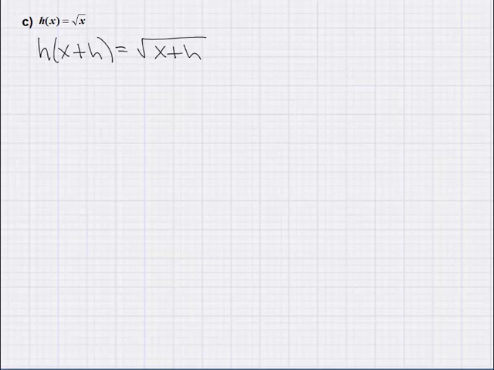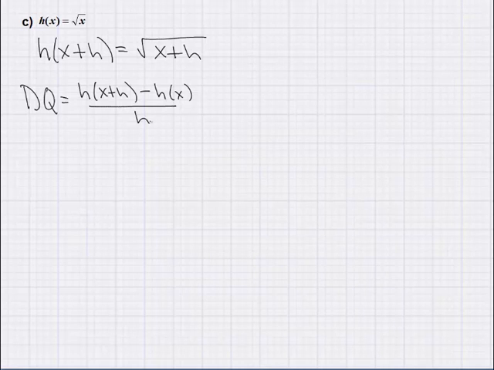Well, all right, so what do we want to do? We want to find the difference quotient. The difference quotient should be h of x plus h minus h of x all over h. Now, this is not the best, but this h is not the same as this h.